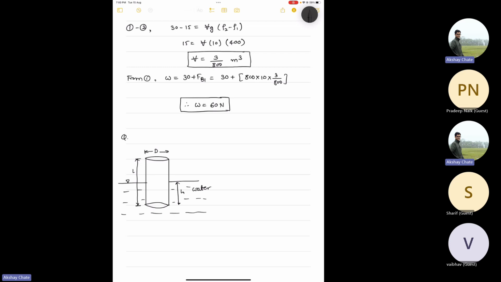It is floating. So now the question is, and this water density is 1000 kg per meter cube, and this body density, let's say we'll note it by rho only. It is 600 kg per meter cube. So this is given to you. Now the question is, I'll write it down.